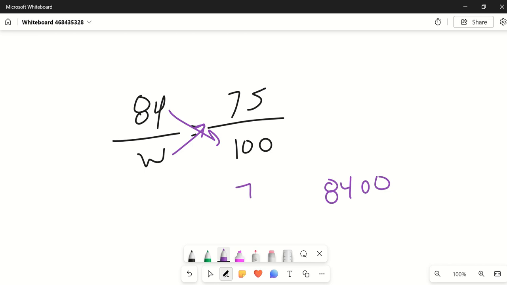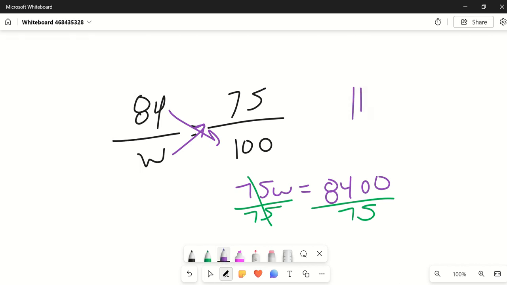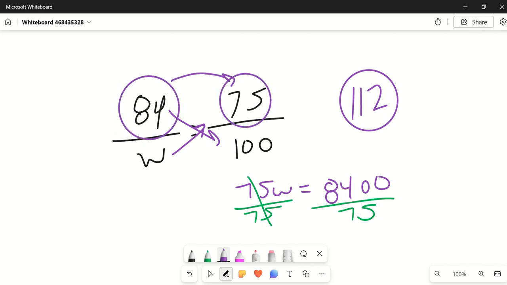This will become 75 times W. Divide both sides by 75. W will be whatever 8400 divided by 75 is, which is 112. Therefore, 84 is 75% of 112.